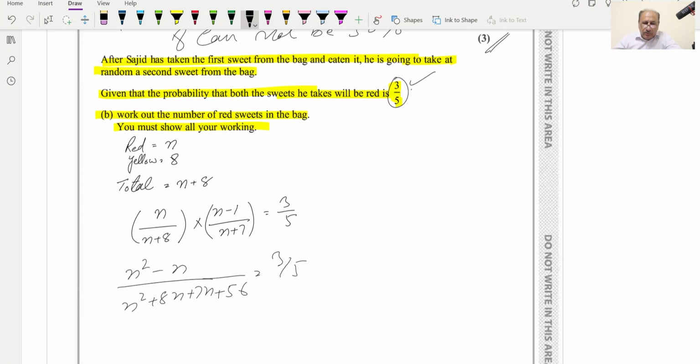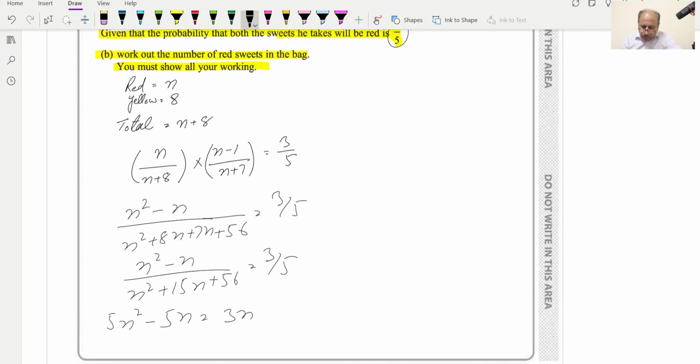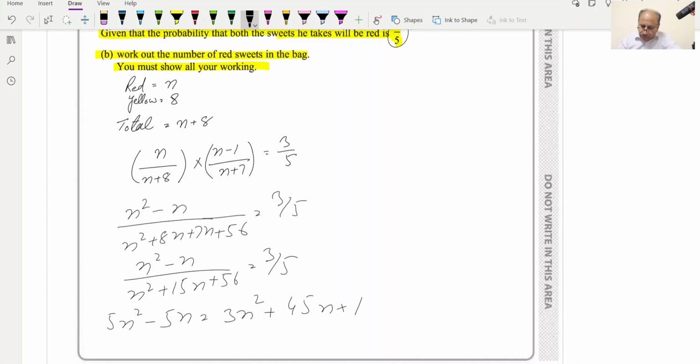We can rewrite it as n squared minus n over n squared plus 15n plus 56 is equal to 3 by 5. Now we can cross multiply, so it will be 5n squared minus 5n is equal to 3n squared plus 45n plus 56 multiplied by 3, which is 168.